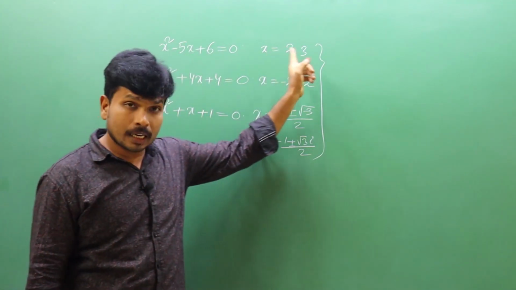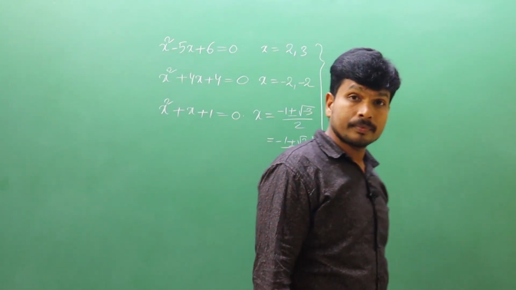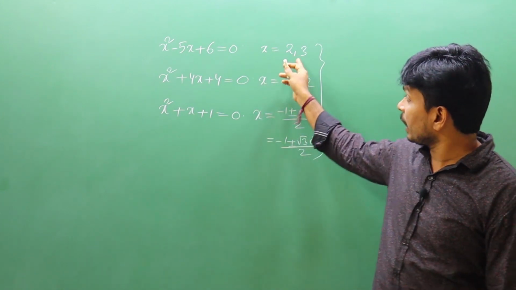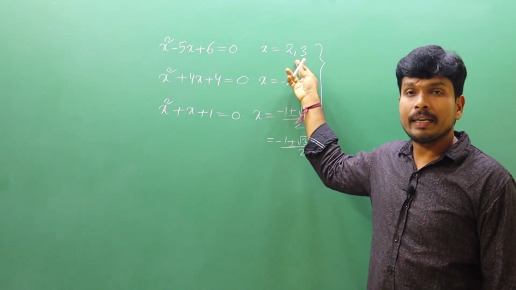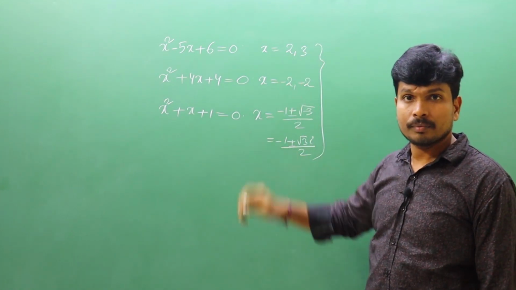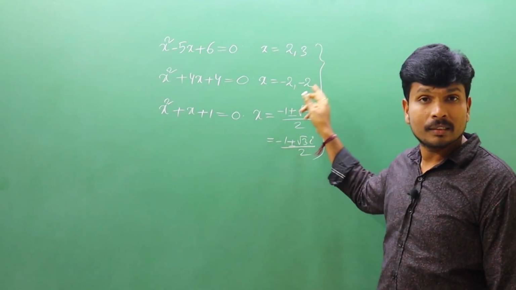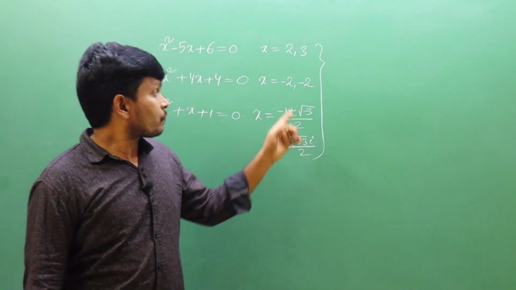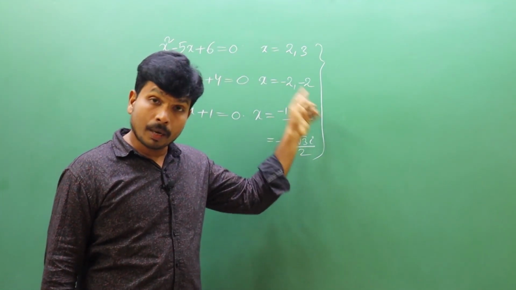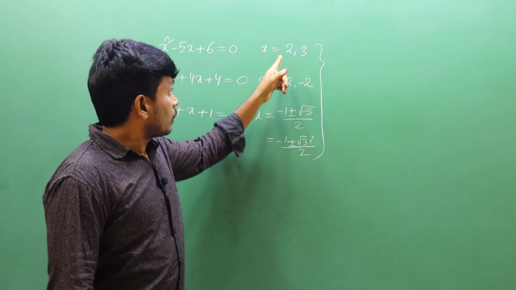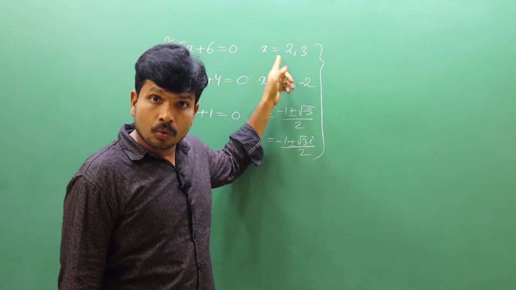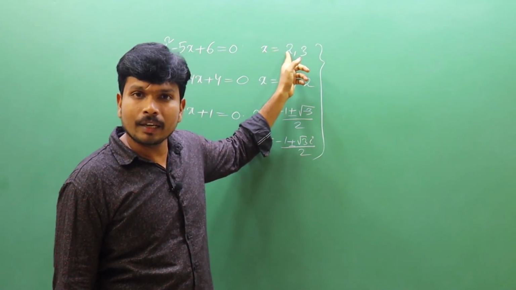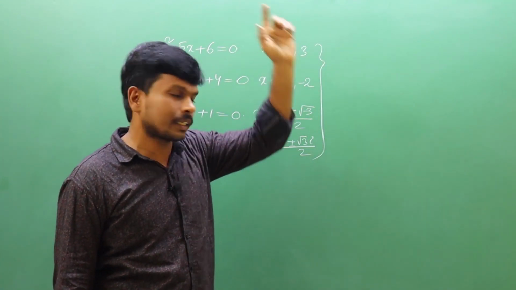What is the nature of these two roots? They are real numbers and unequal. Here, these are real numbers, but equal. These roots are real and unequal, or real and distinct.